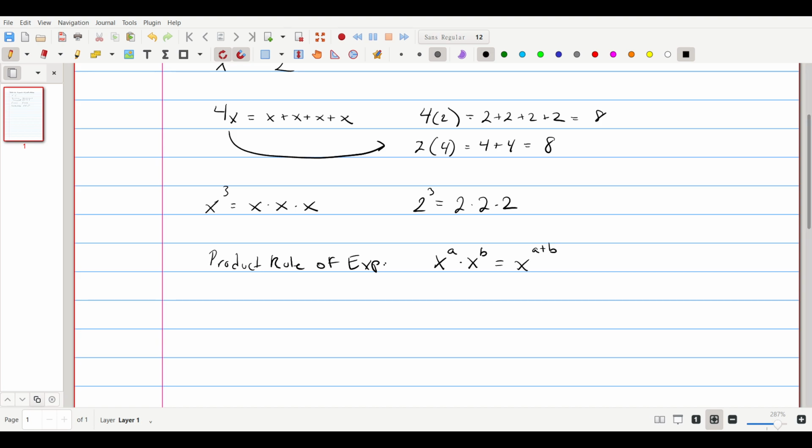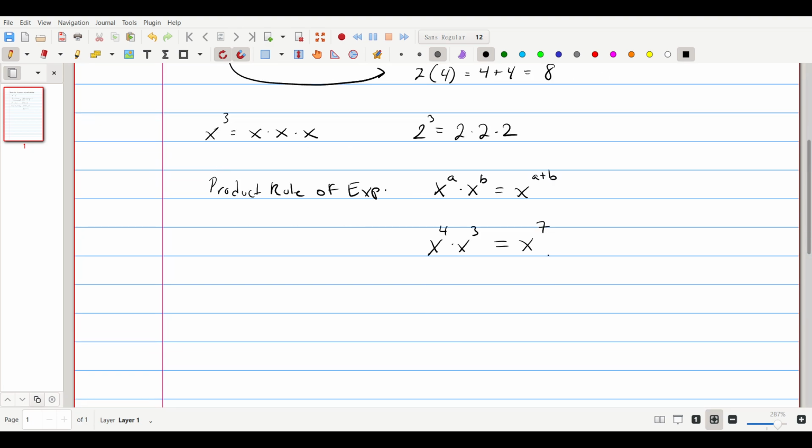Well, in English it basically means if you have the same base, the same number on bottom, but different numbers on top, it's equal to that same number on bottom with the tops added together. So the product of the exponents is the sum of their powers, essentially. And so for an example, x to the fourth times x to the third is x to the seventh, but let's prove it.